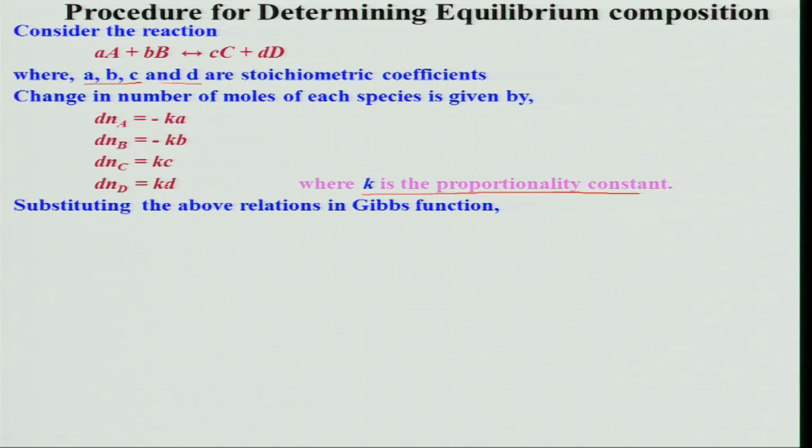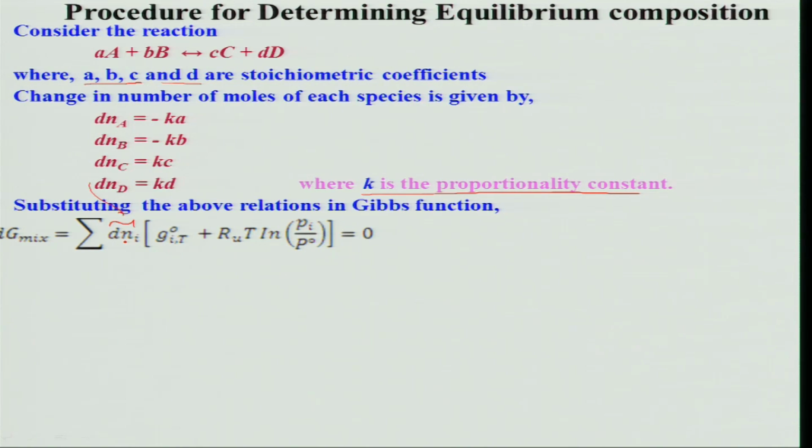What we will do now? We will substitute these relations into the Gibbs function expression we have derived. At equilibrium, dG of the mixture will be equal to 0, and we will substitute all those expressions and sum over.